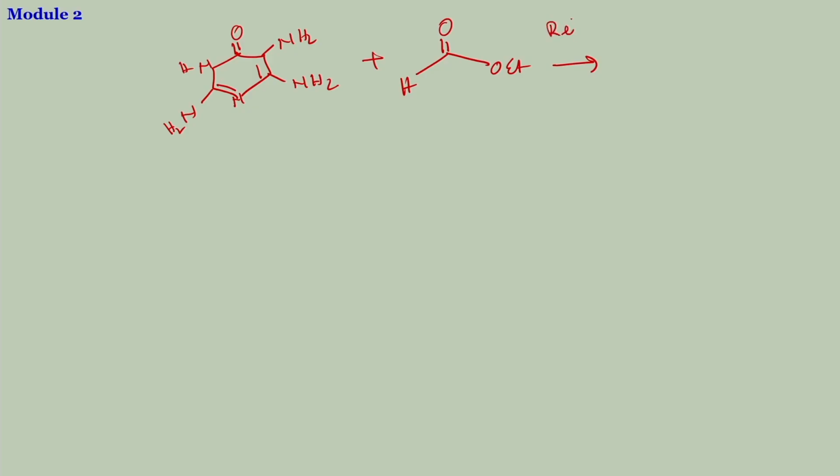You reflux, almost the same condition, and heat in organic solvent. Then what we will have is this one will react, it will come down there. So if you do the mechanism, you will see that you can form nitrogen NH here, double bond, OH will eliminate.